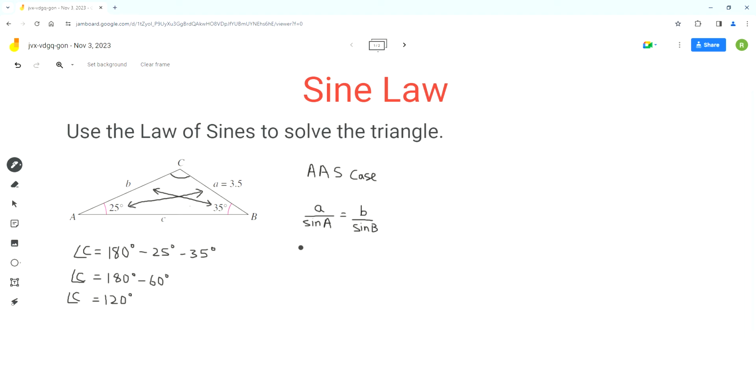So now we can sub in the values. So 3.5 over sine of 25 degrees, that's angle A, equals side B over sine of 35 degrees.